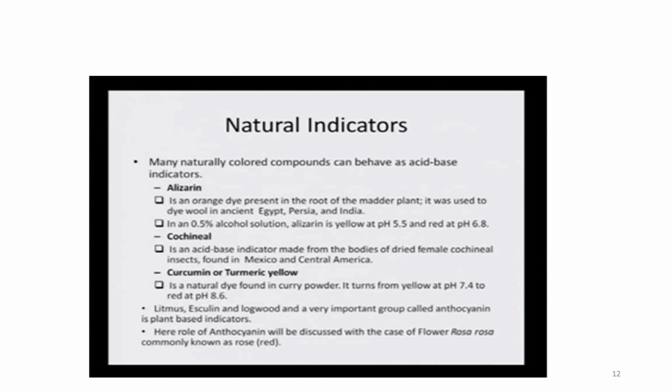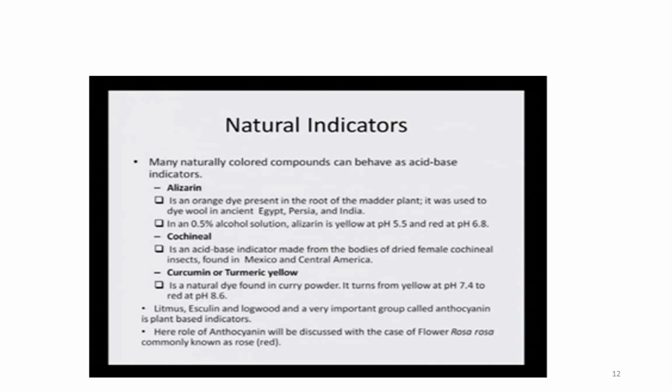It was used to dye wool in ancient times in Egypt, Persia and India. In a 0.5% alcoholic solution, alizarin is yellow at pH 5.5 and red at pH 6.8.